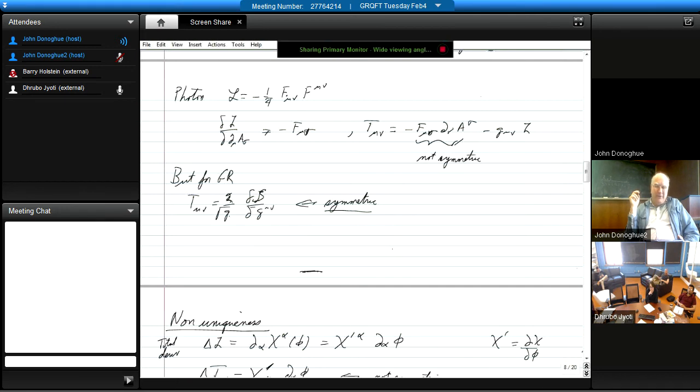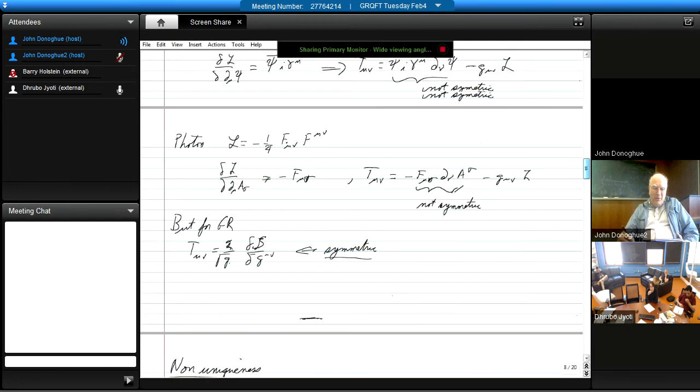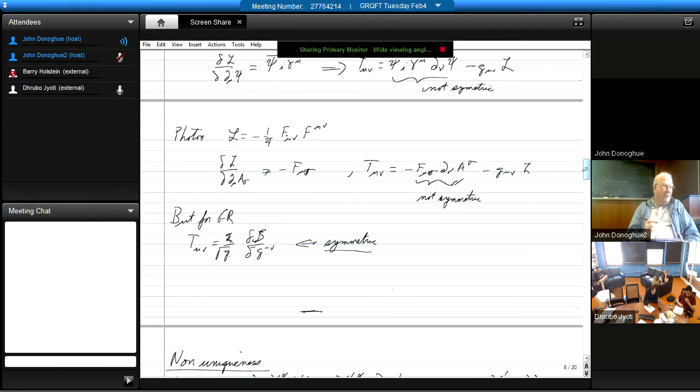The form that you have here for the photons, however, isn't so great because it doesn't look gauge invariant. The symmetric one, however, is gauge invariant. What I remember from that discussion is they're saying, why doesn't the energy momentum tensor look gauge invariant? Here's how we can make it look gauge invariant, and by the way, it comes out symmetric when you do that. So in usual field theory, you don't have to have it symmetric, and I don't know anything particular about the Dirac one that forces you to do it. But in general relativity, you want it symmetric.